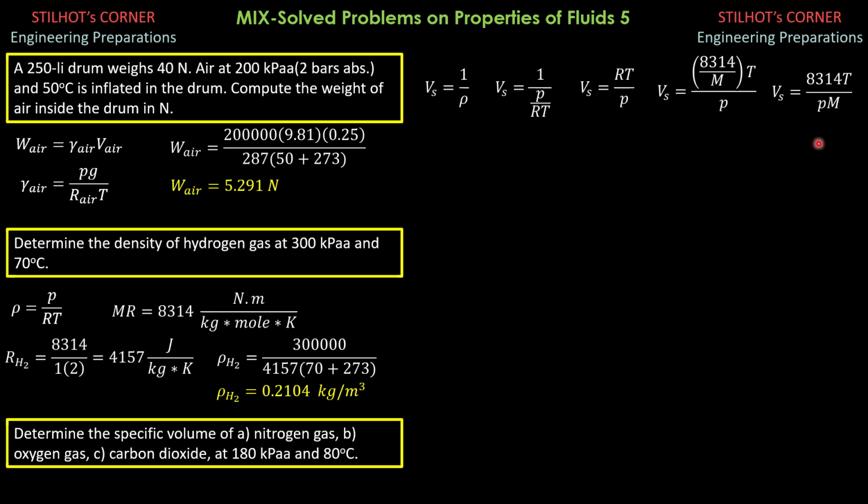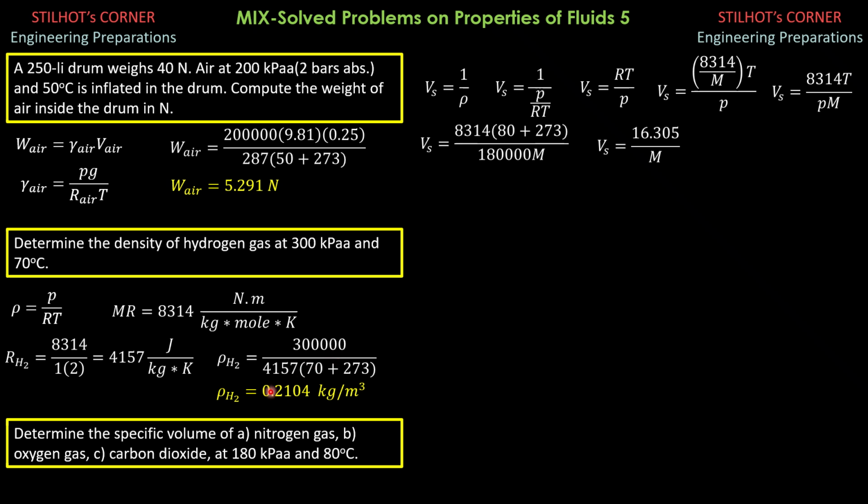The temperature in this case is 80 plus 273, over pressure 180,000 pascals absolute, over M. So we have this working equation for specific volume: 16.305 over M.